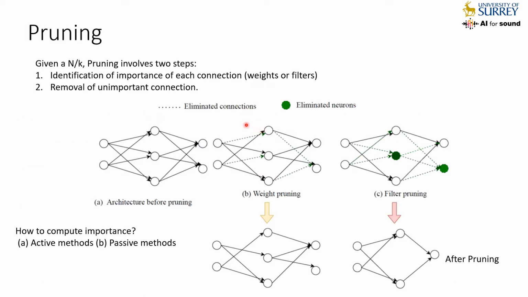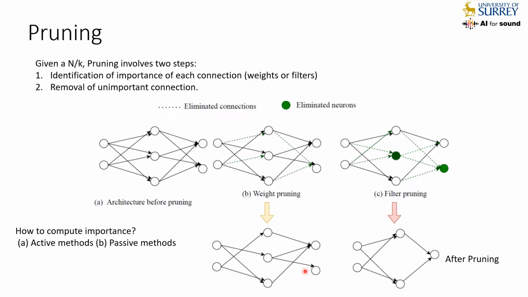The pruning of the connections in CNNs can be done in two ways. One way is to prune individual weights from the network, which is weight pruning. Removing individual weights results in a pruned network that is unstructured. The other method is filter pruning, where the whole filter is removed and the resulting network is a structured pruned network.